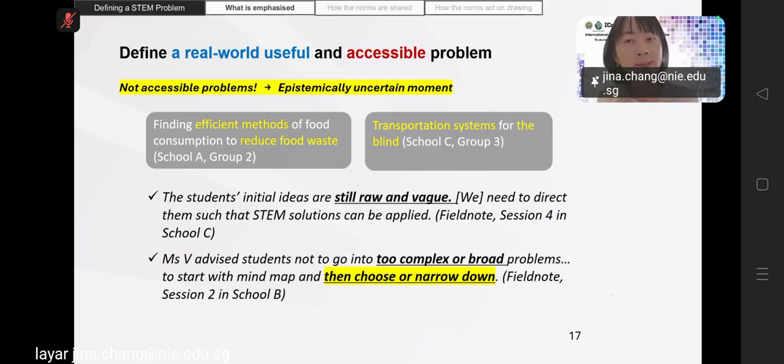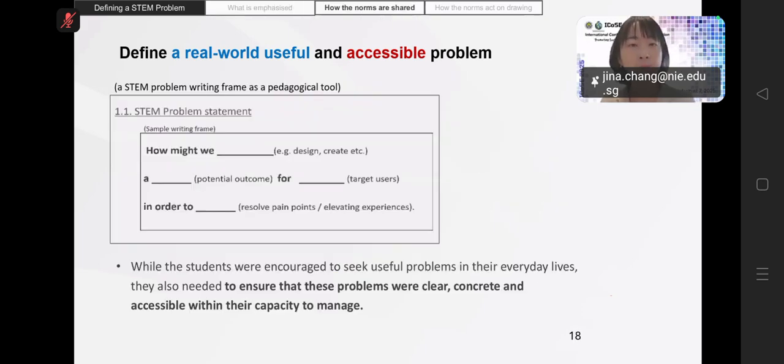So when you guide STEM problems in your classroom with your students, you need to narrow down the topic or scope of the STEM problem so that it is manageable for students as well as for you, teachers.